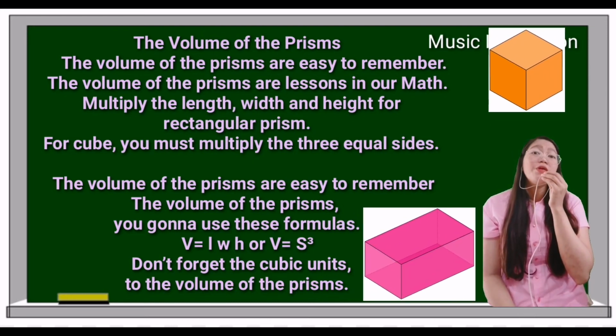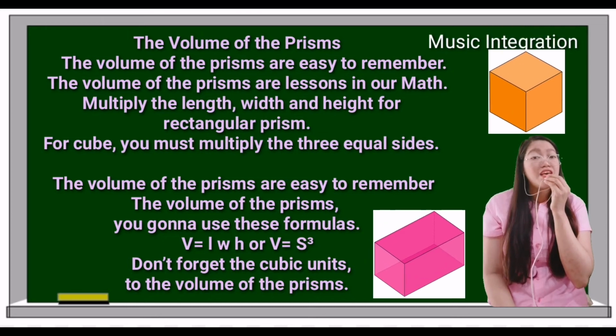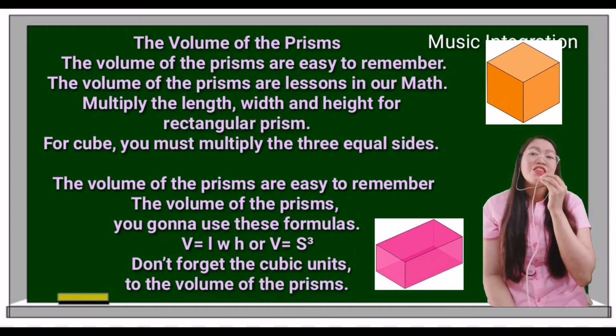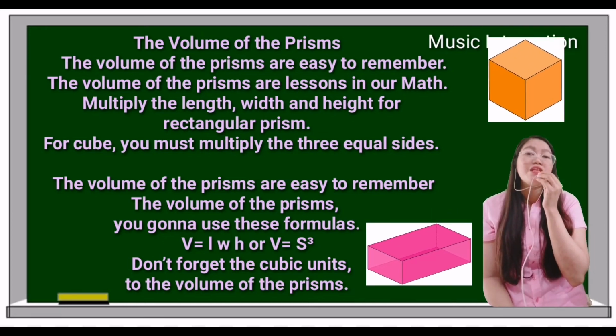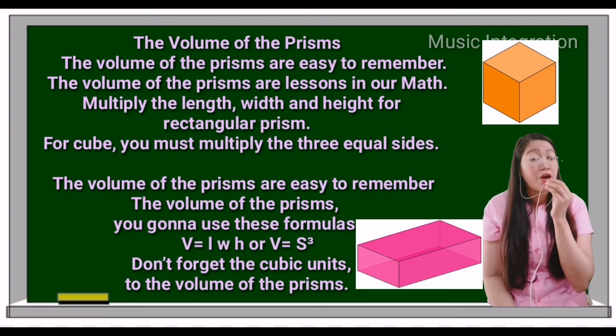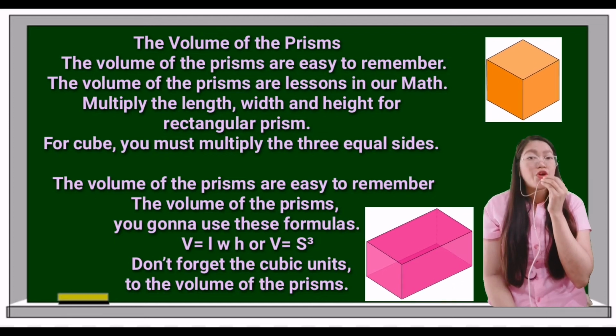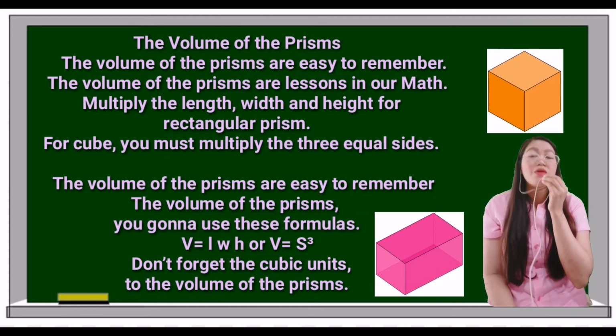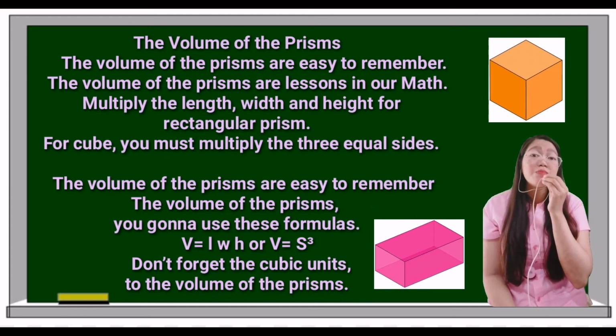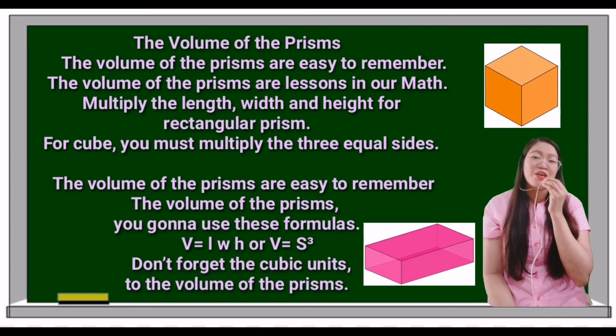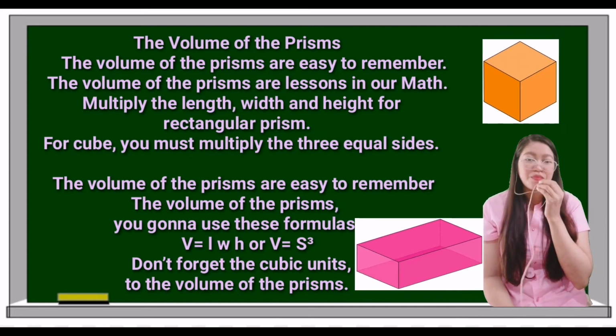The volume of the prisms are easy to remember. The volume of the prisms are lessons in our math. Multiply the length, width, and height for rectangular prism. For cube, you must multiply the three equal sides.